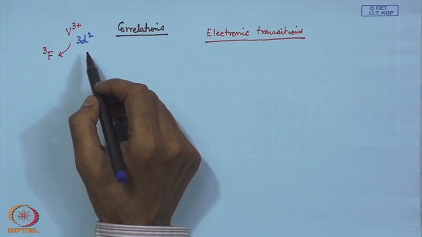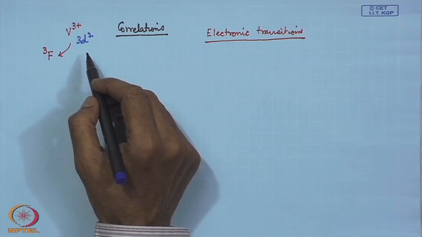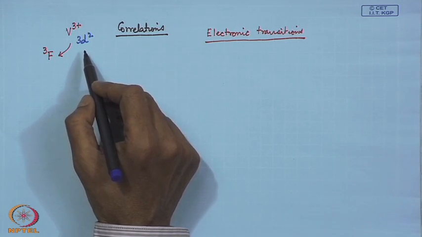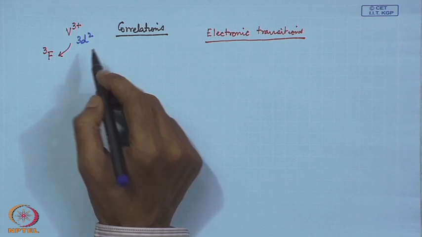and the overall interaction is that we get different term symbols due to the orbital angular momentum and the spin angular momentum interactions.